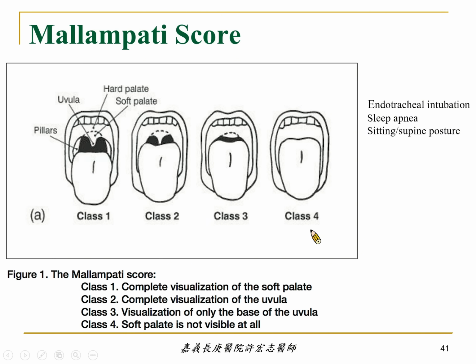Okay, let me say this again. If you are class 1 or 2, it's normal. But if you are class 3 or class 4, whatever you are, retrognathia or micrognathia or fetal alcohol syndrome, or even a normal person with class 3 or class 4 in Mallampati score, that means you might have some problem during intubation.